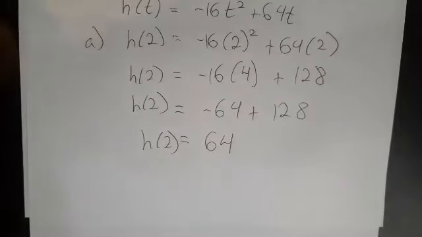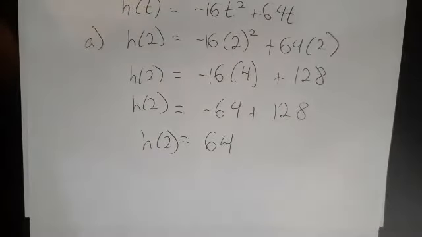So the first thing they ask us to do is find h of 2, and then they want us to interpret it. So what does this mean? They give us this function.